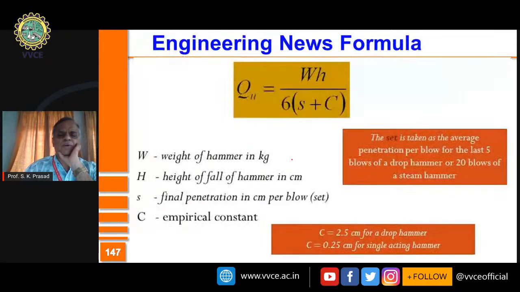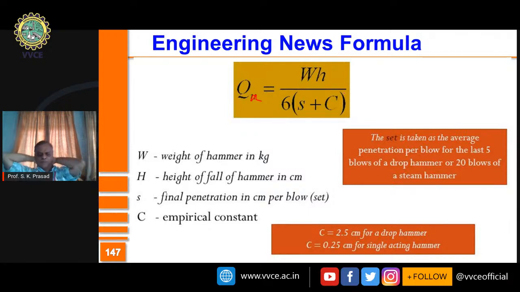Therefore, the formula which we use is Q allowable. It is not QU, it is Q allowable is equal to WH by factor of safety into S plus C, where S happens to be the final penetration per blow, C happens to be the empirical constant which is used. Okay, and that empirical constant will depend upon the type of the hammer.